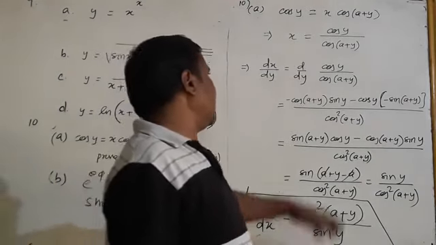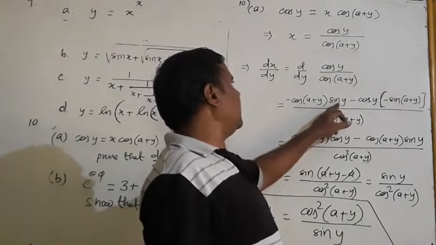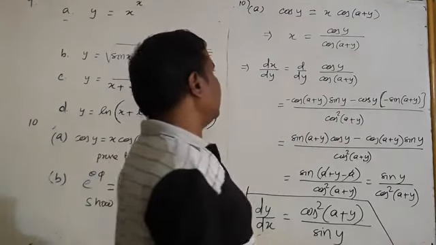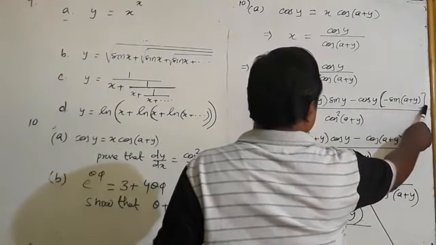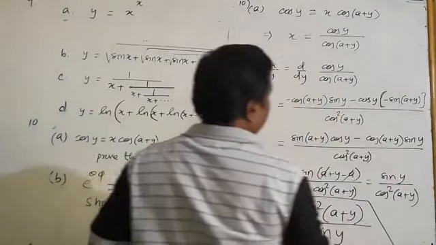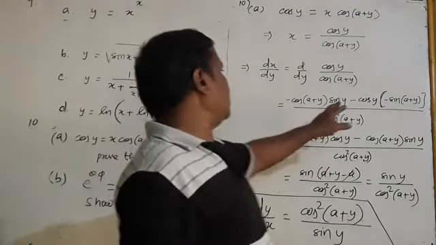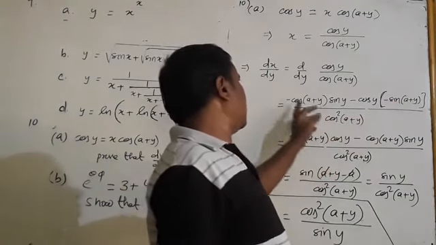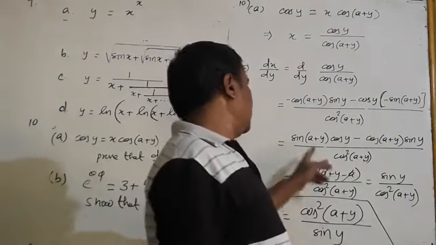Then applying the formula: derivative of cos y is minus sin y, and with respect to y there is no need to write anything, minus u means cos y, derivative of cos(a plus y) is minus sin(a plus y), and the derivative of (a plus y) is 1, all by cos squared (a plus y). It becomes, minus plus, sin(a plus y) cos y minus cos(a plus y) sin y divided by cos squared (a plus y).